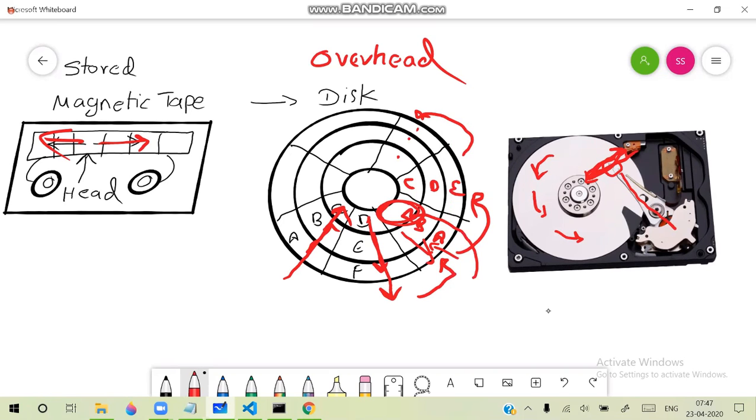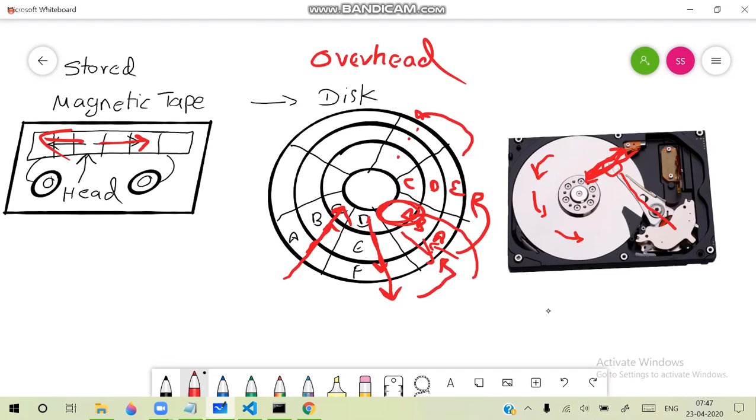Now, to overcome this overhead issue, in computer programming they have a concept called array. What is the purpose of array? The nature of an array is that it can store values in a sequential order.